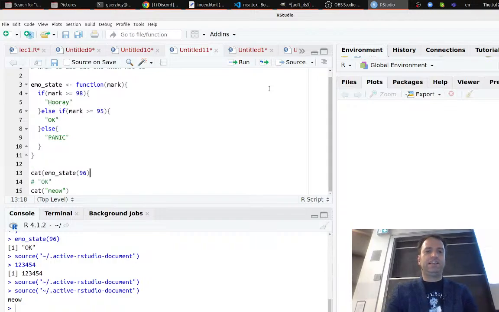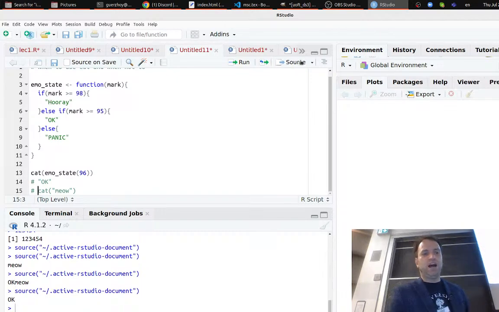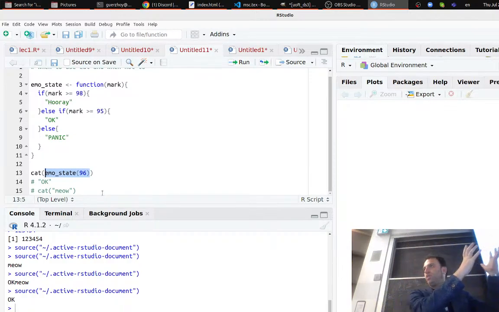If I say cat emo state 96, that will say okay. I'll comment out meow. This action is referred to as commenting out, making something a comment so that R will ignore it. So that will now just say okay, because R will plug 96 in, do the computation of what emo state of 96 is, turns out it's okay, and then we print okay.